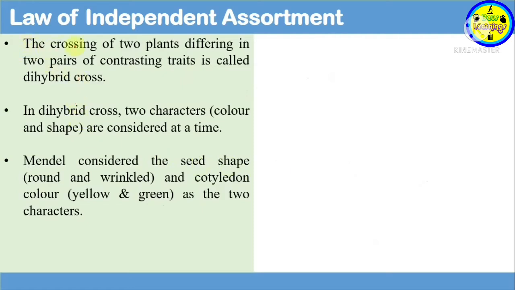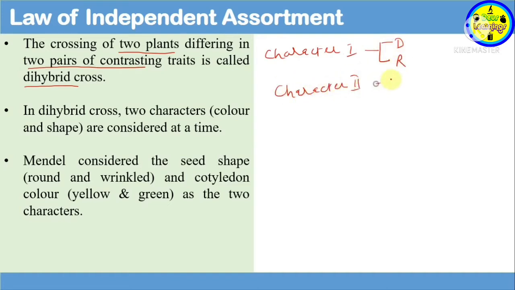The crossing of two plants differing in two pairs of contrasting traits is called dihybrid cross. So as I told you, in dihybrid cross we cross two plants differing in two pairs of contrasting characters. The character 1 is contrasting, so it may be dominant and recessive, and character 2 is contrasting, so dominant and recessive.